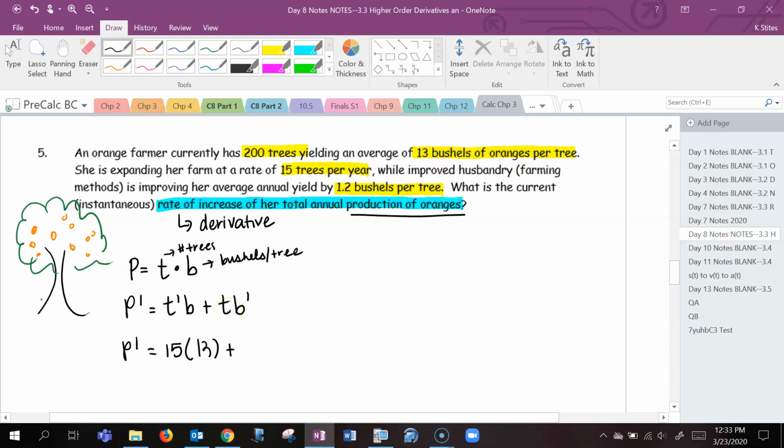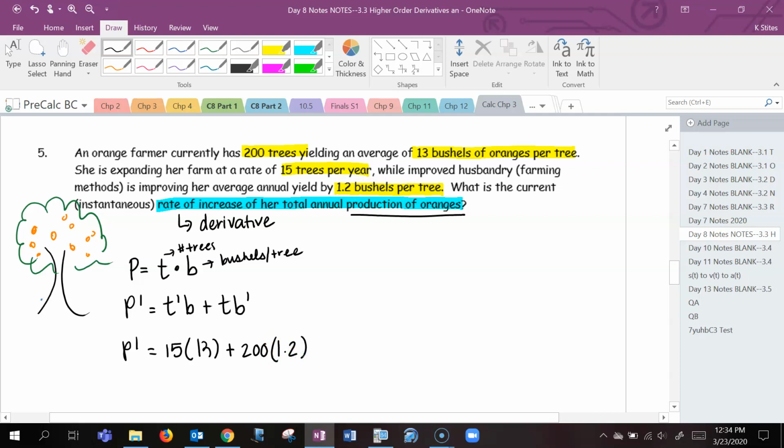T is my current number of trees, that would be 200. And B prime is the rate at which the bushels per tree is changing. And because of this improved husbandry, her average annual yield is increasing by 1.2 bushels per tree. So that's the rate or the slope.